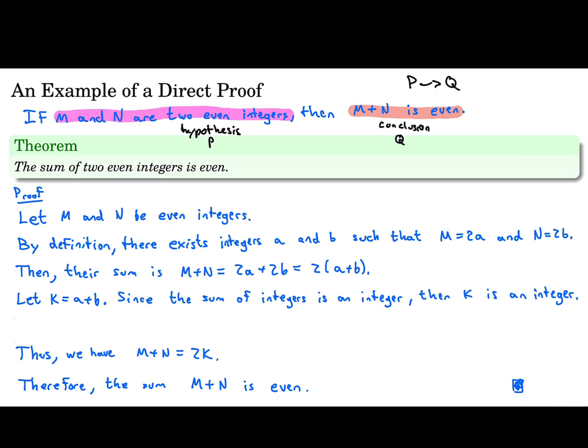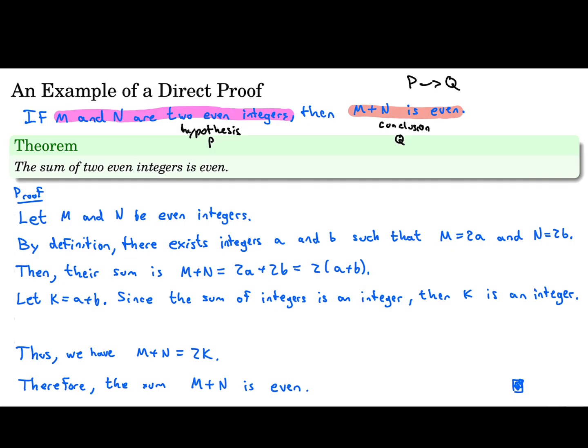We want to show that the sum of two even integers is even. So let M and N be even integers. By definition, there exist integers A and B such that M is equal to 2A and N is equal to 2B. That seems right. Then their sum is M plus N, so you just replace: it's 2A plus 2B, and we can factor out the 2, and you get 2 times (A plus B).